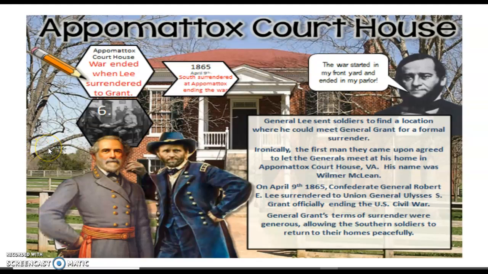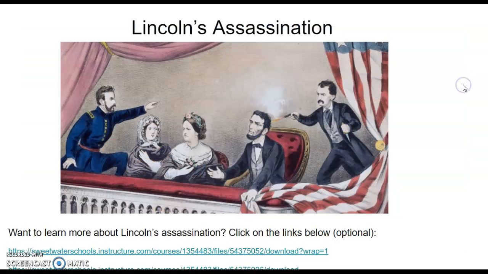So there are crimes that go against treason, which is normally imprisonment or death. But under these grounds of surrender, General Grant allowed General Lee and his soldiers to return to the South and to their homes peacefully.